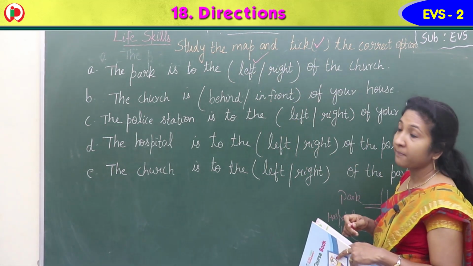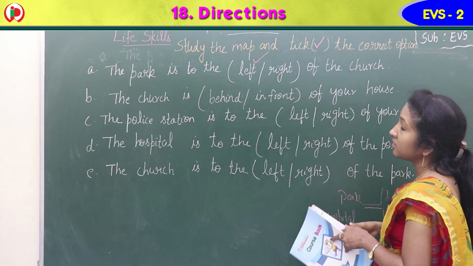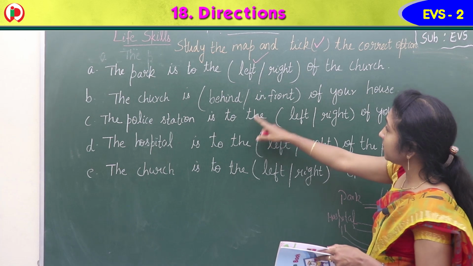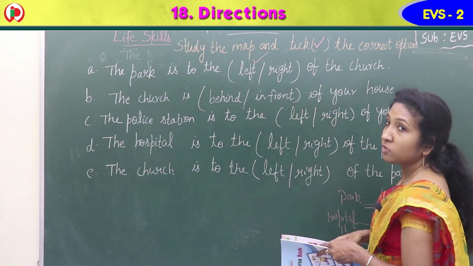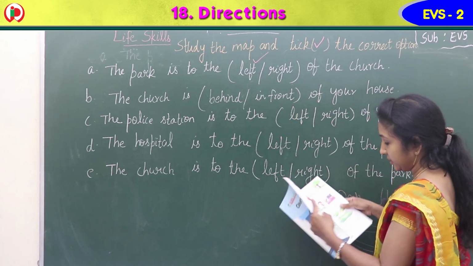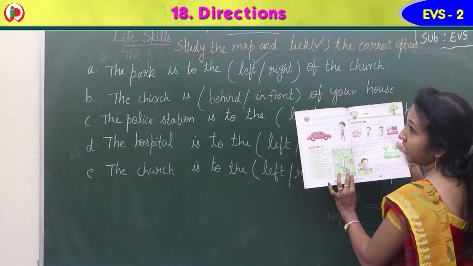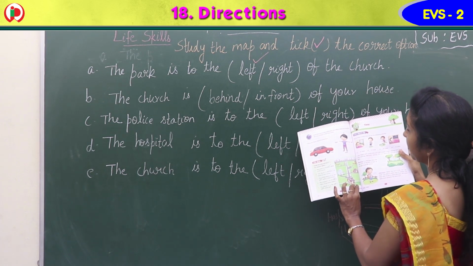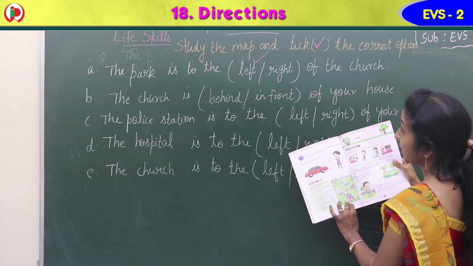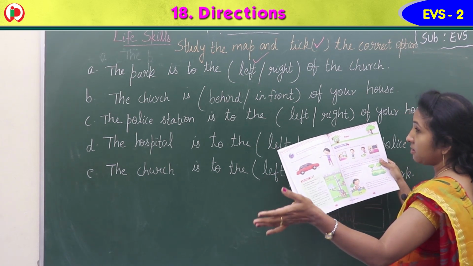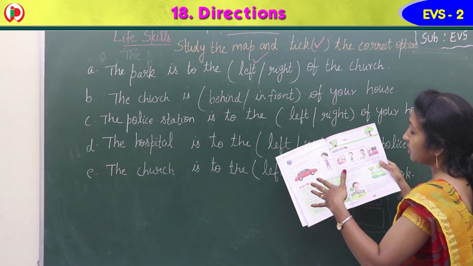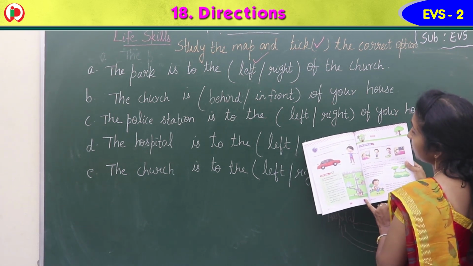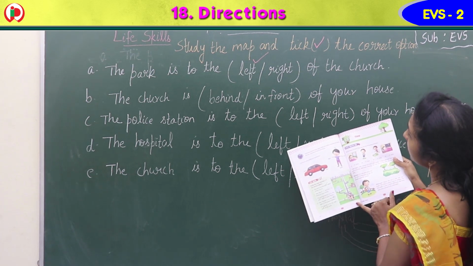Okay, children? Now question B. The church is behind or in front of your house. Imagine that you are in the house. So where is the church from your house?